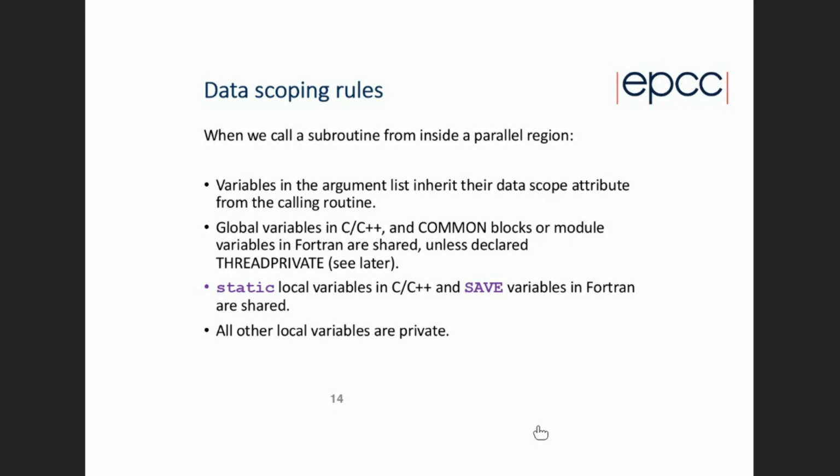If we access global variables, or in Fortran things like common blocks, if anybody ever uses them anymore, or module variables, so any sort of global variables, those are shared unless we do something special called threadprivate, which I'll come on to in a minute.